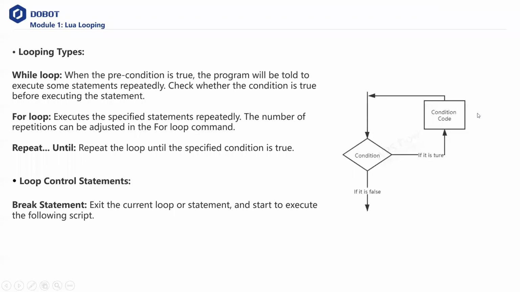Like a for loop, it executes the specific statements repeatedly. The number of repetitions can be adjusted in the for loop command. You can also use repeat to loop until the specific condition is true.